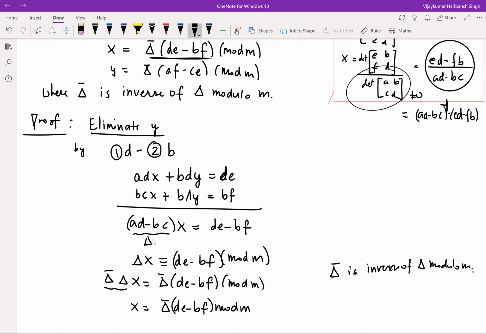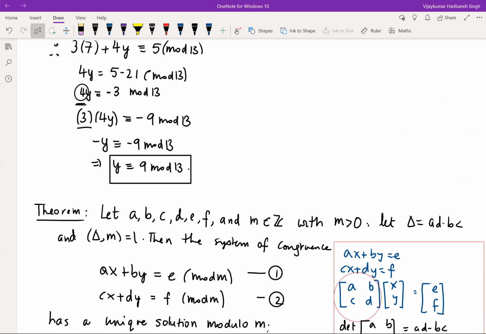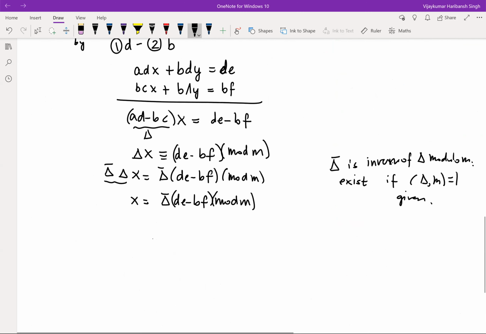mod m. Now note that this relies on delta being invertible. And if you're going modulo m, the only criterion you need for delta to be invertible is that the inverse exists if delta and m have GCD 1, which is already given to you in advance here. So it is already given that delta and m are relatively coprime, and hence we can compute the inverse. So this is how we get x.